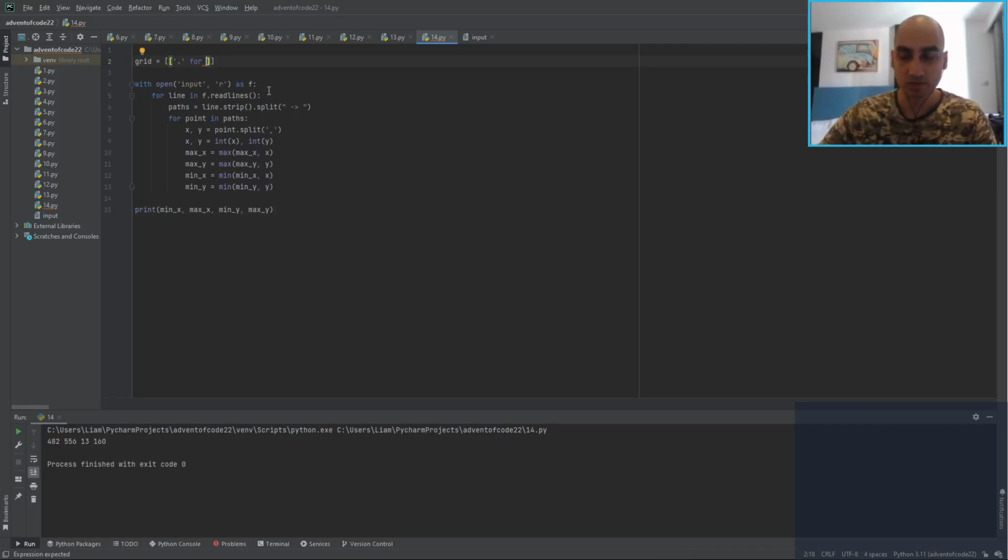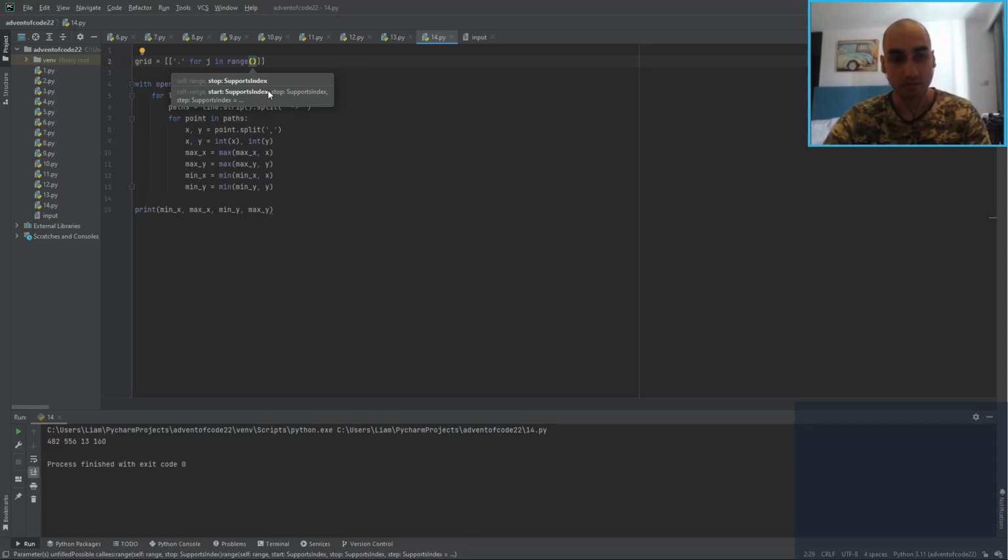I took the trouble to work them out. So, air for j in range. Oh, because it needs to be translated. Otherwise, we can just go from 0 to 557, I suppose. We just have a lot of extra spaces that aren't doing anything, but Python can handle that.